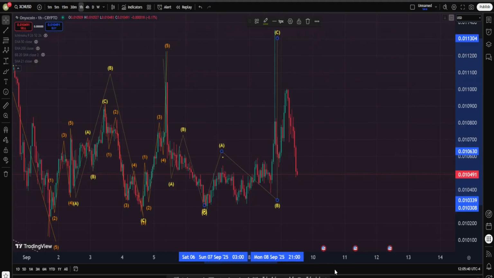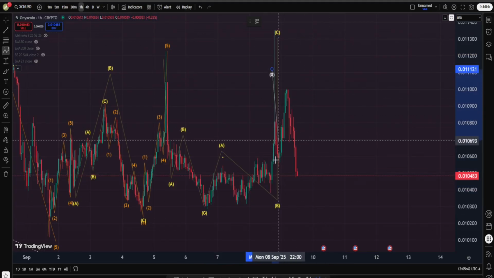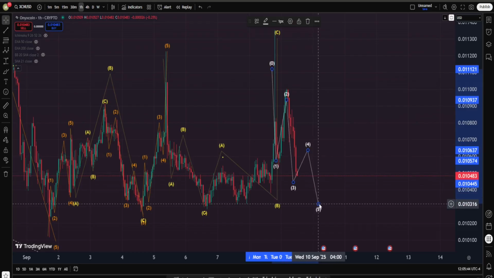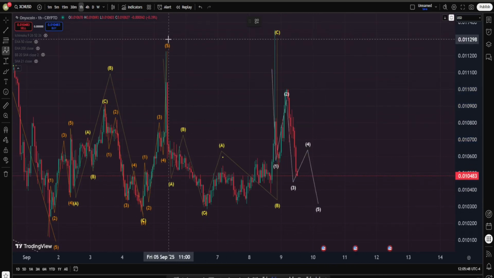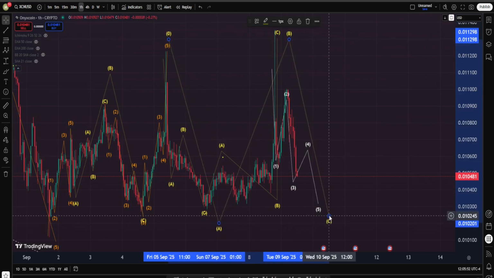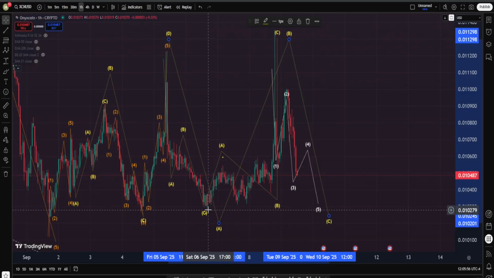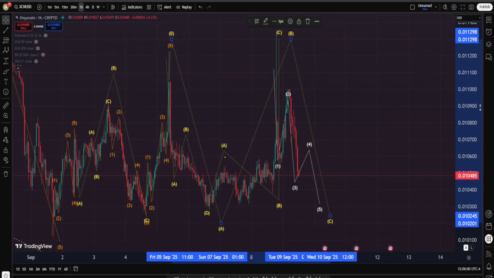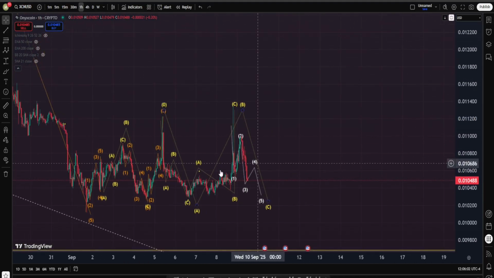Something like this, and this can be like a 1, 2, 3, 4, 5, generally some sort of a diagonal, in order to complete the sub waves on a higher degree for, you know it, an ABC, probably a running flat, in which we are not going to take this important low down here. So if you still want to be bullish in XCN, this is probably going to be your best possibility.